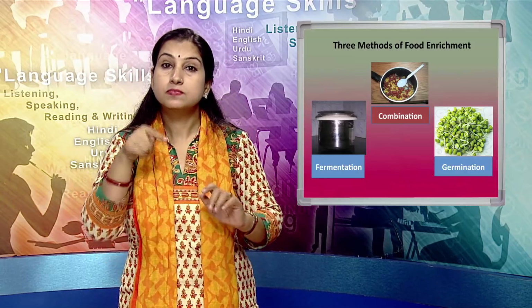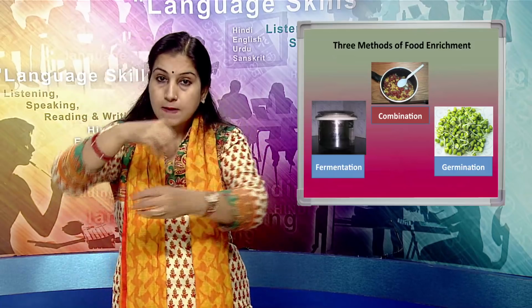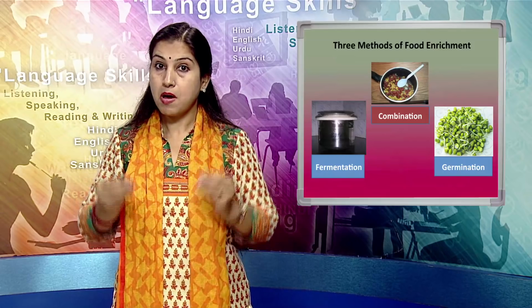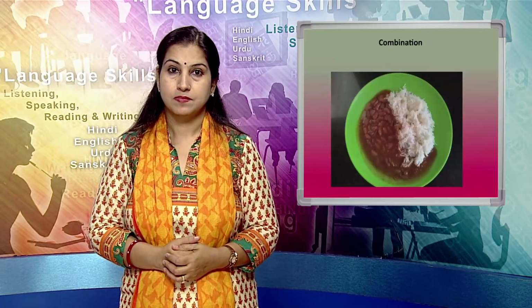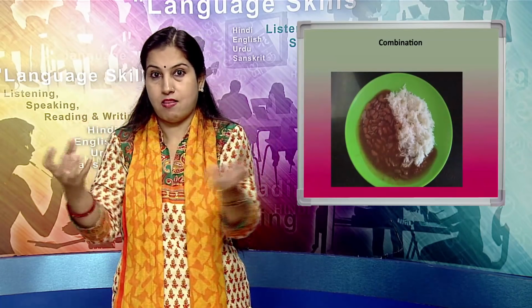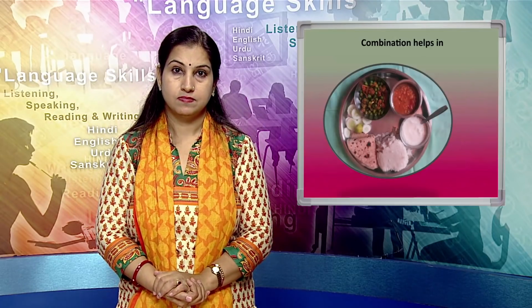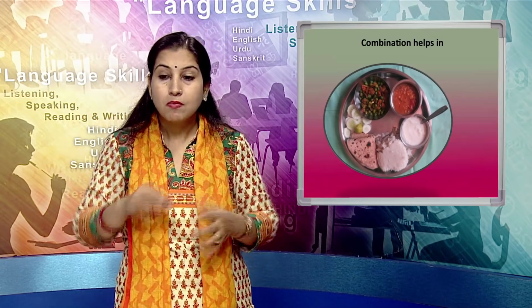Hence, combining cereals and pulses in a meal will improve the nutritional quality of the meal. An example is rajma chawal. Combination helps in adding total nutrients in a meal.